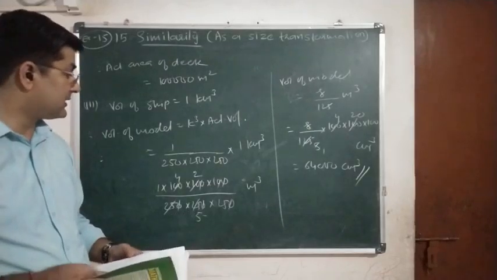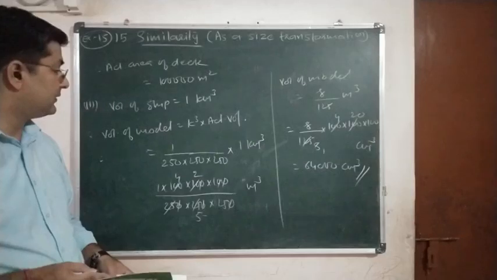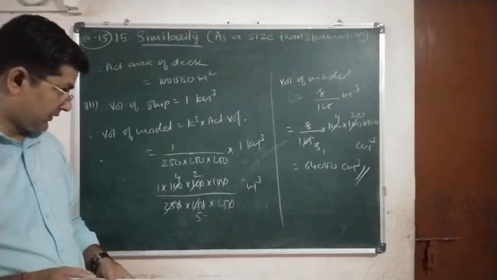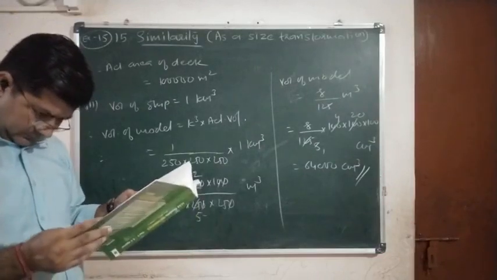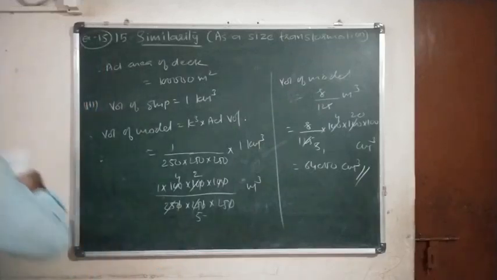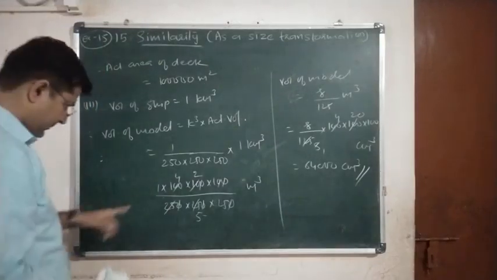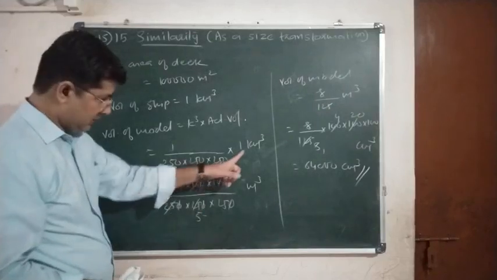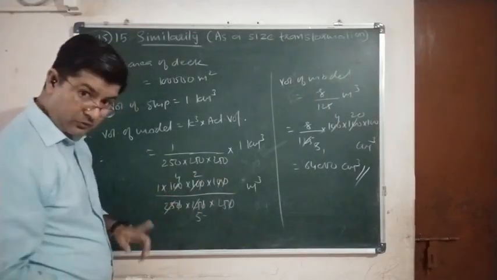Okay, so what mistake we have done, let us find out. 64 cubic meter. Okay, yes, that is the mistake. What is the mistake over here? We have done mistake. 1 kilometer is equal to 1000 meter.